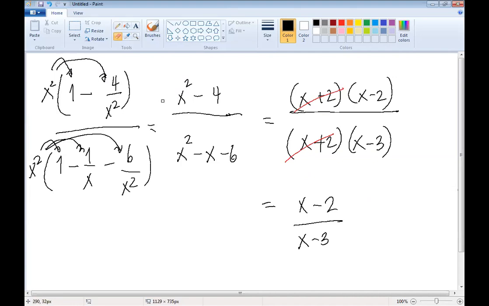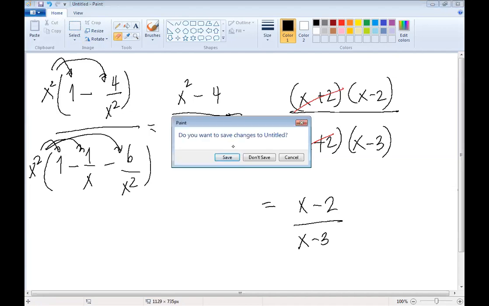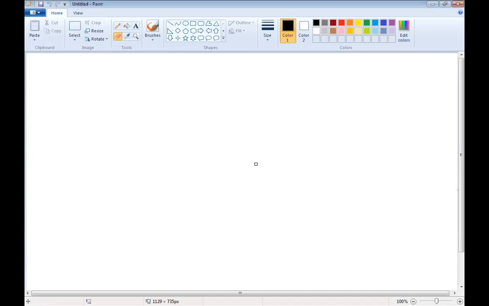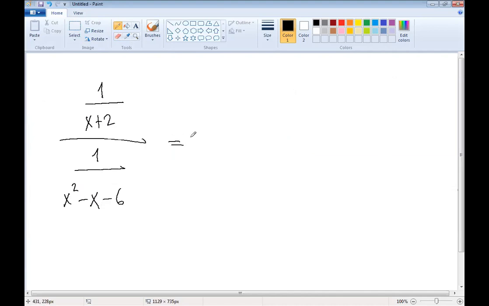Thank you, sir. Okay, so let's do some more examples. For example, we have this one. Let's say we have 1 over x plus 2 over 1 over x squared minus x minus 6. What will be the answer? From here, we can make this one as 1 over x plus 2, times, get the factor of this one.